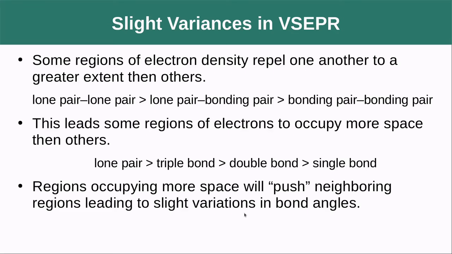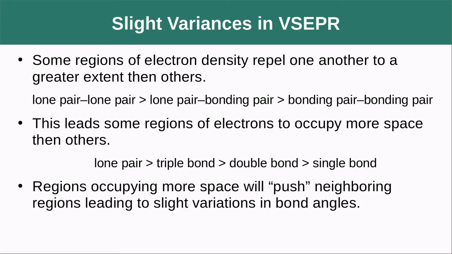Some regions of electron density repel one another to a greater extent. Two lone pairs interacting with one another are going to repel each other more than a lone pair would with a bonding pair, and bonding pair interactions are going to be even less. This leads some regions of electrons to occupy more space than others.